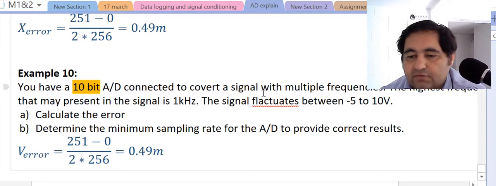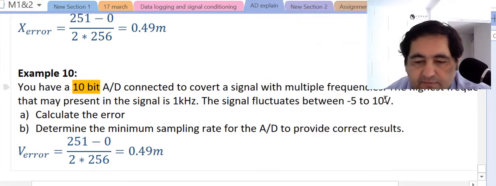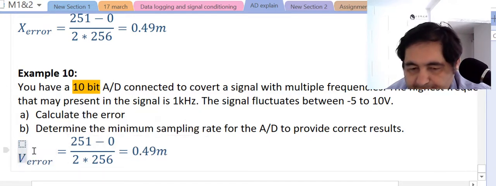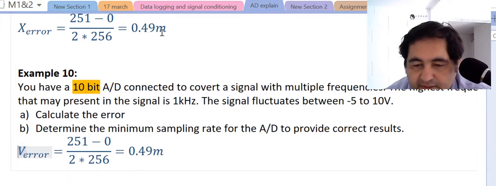Okay, usually it is symmetrical, like -5 to 5, but I just wanted to give it a different range. So -5 to 10 volt, and it is 10 bits. The first thing that we need to do is actually not calculating this.